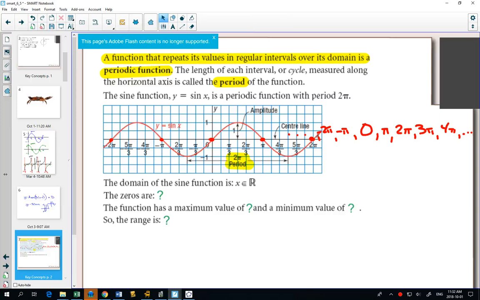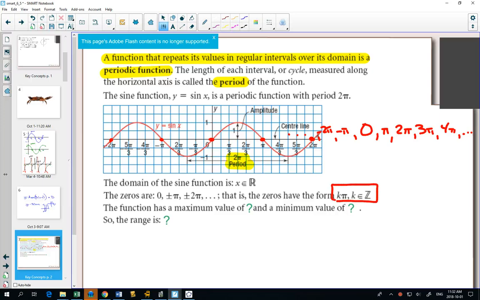So we write our zeros of our function as k pi, where k is an integer. So that allows us to write an infinite amount of answers down quickly. If you don't like that method, you can just write all infinite out.